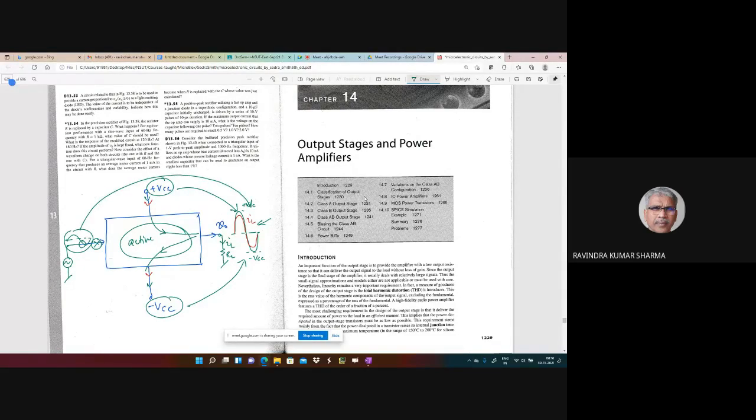So actually this signal is being converted into a large power signal at the output with the help of these active devices. And these active devices are actually converting this DC power into the AC power. Is that understandable?